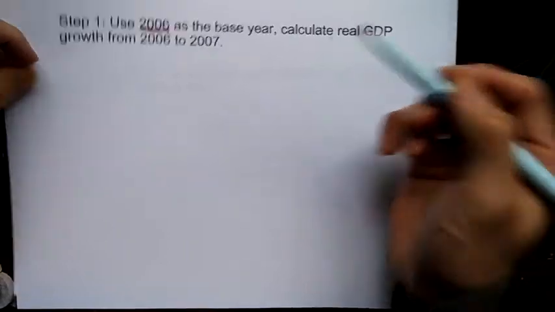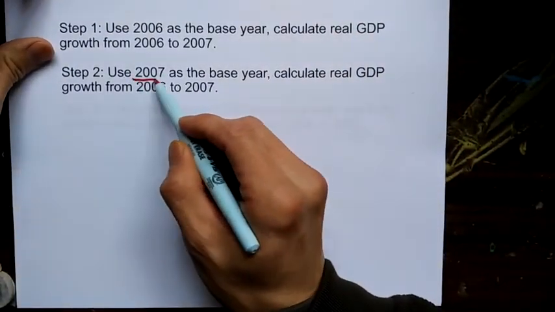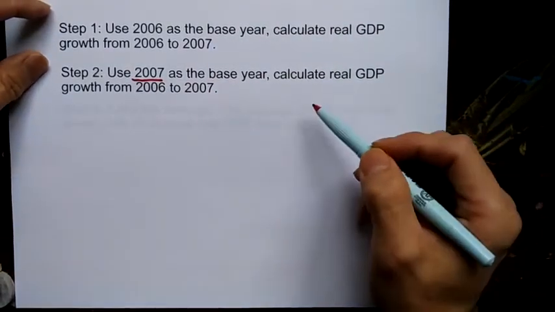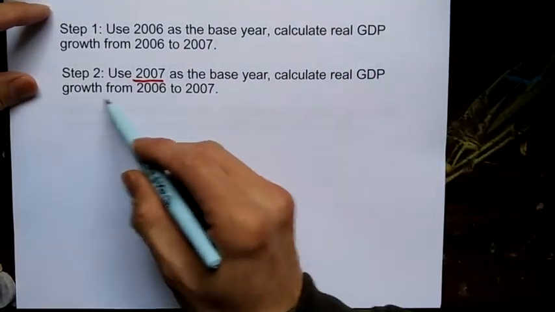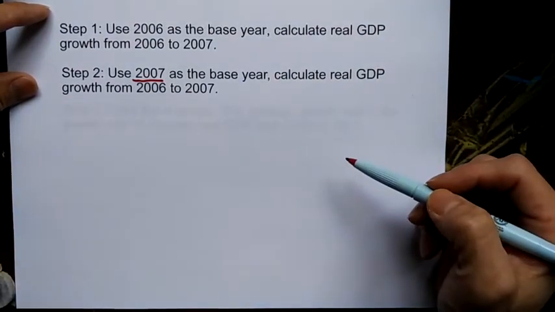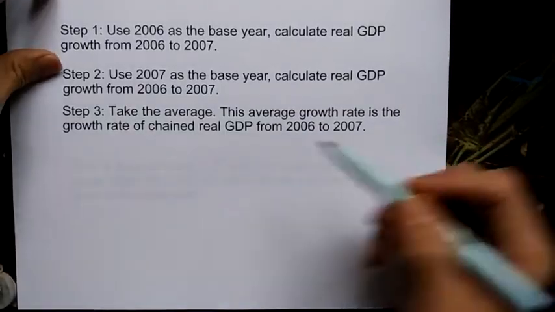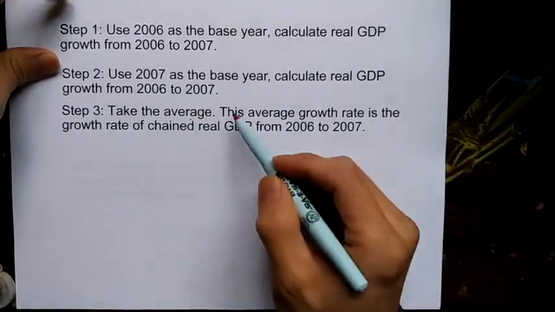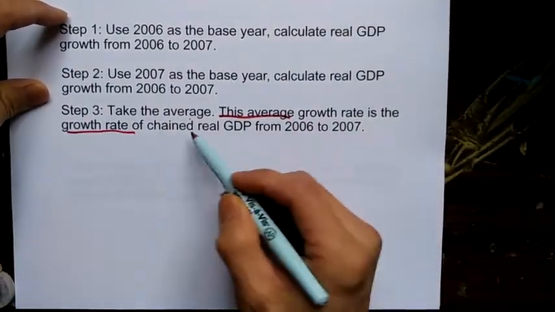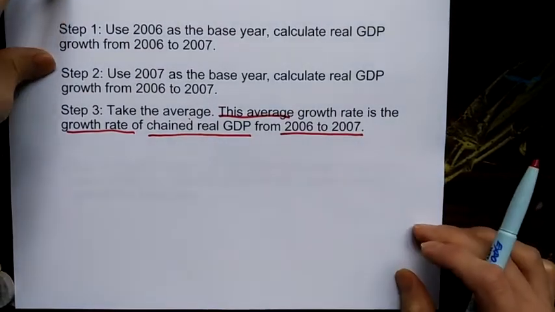And then use the adjacent year, that is 2007, as the base year. Do the same thing, calculate real GDP growth rate from 2006 to 2007. Then take an average. Now this average is the growth rate of the chain real GDP from 2006 to 2007.